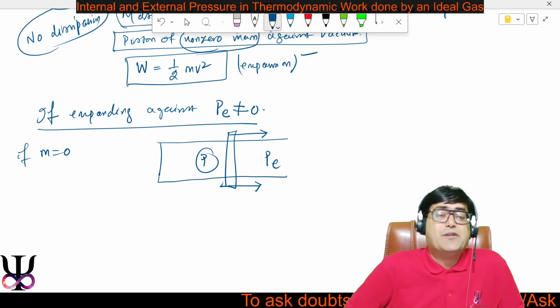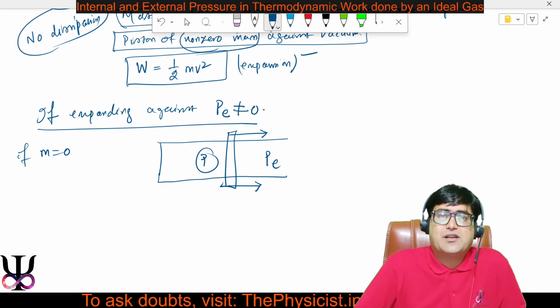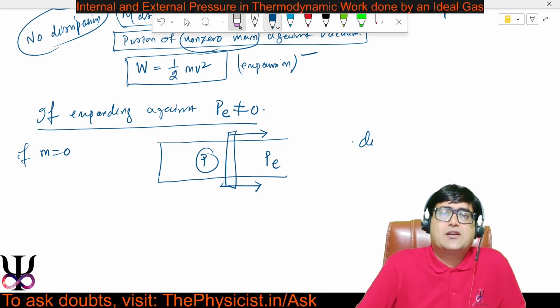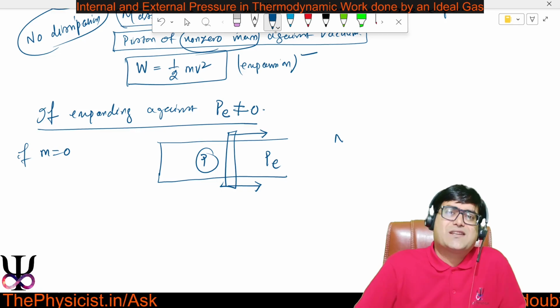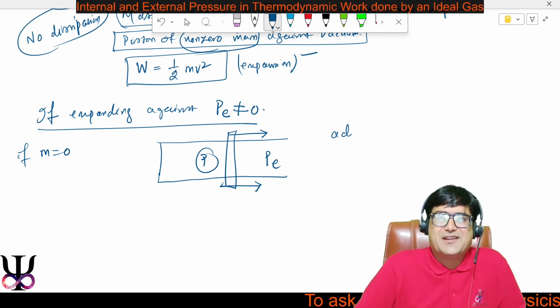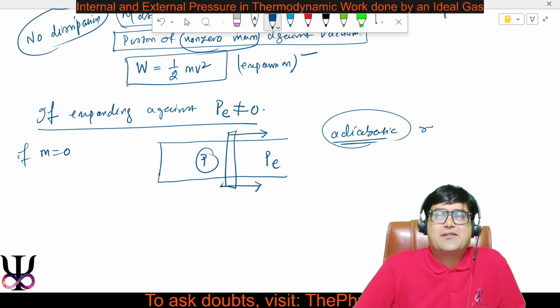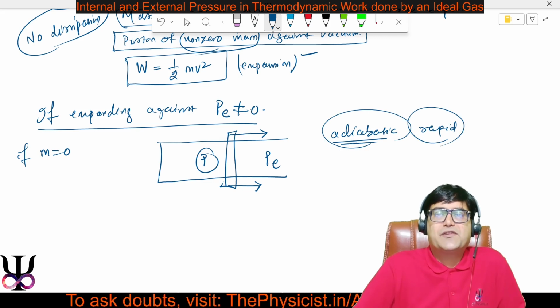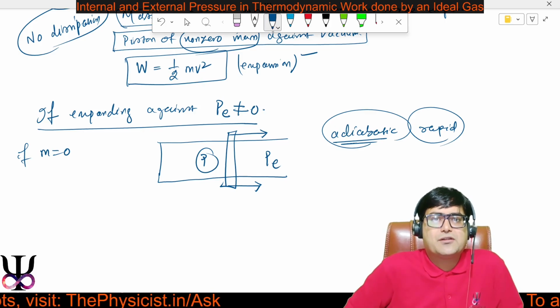If it's a rapid process, let's suppose it's an adiabatic expansion. Imagine this expansion is non-dissipative adiabatic. Of course, if it's adiabatic, it cannot be dissipative. So if it's an adiabatic and rapid process, how do you calculate the work done?